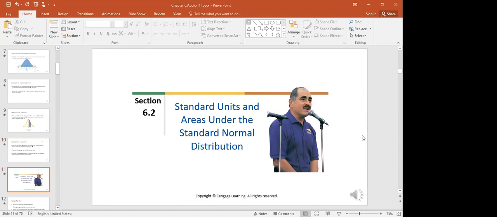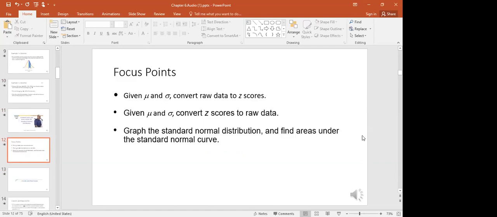More generally, statisticians use what we call the standard unit, which is generally used because there is a table of probability called the standard normal distribution table.